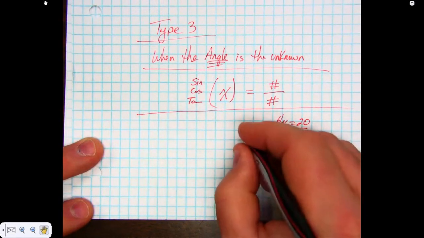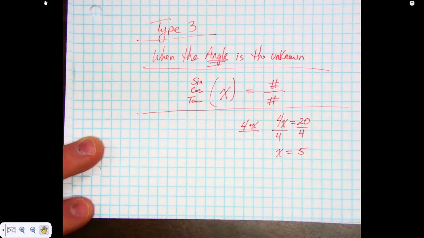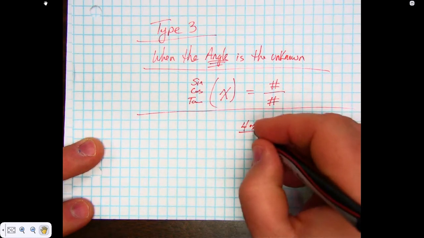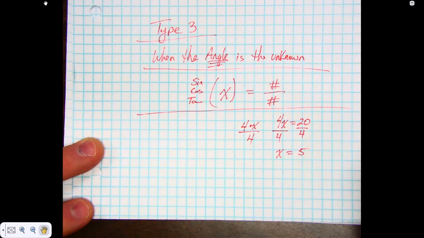But in essence, 4x is the same thing as saying 4 times what? X, right? What is the opposite of multiplication? Divide. Another word for opposite is the inverse. So the inverse of multiplying by 4 is dividing by what? 4.